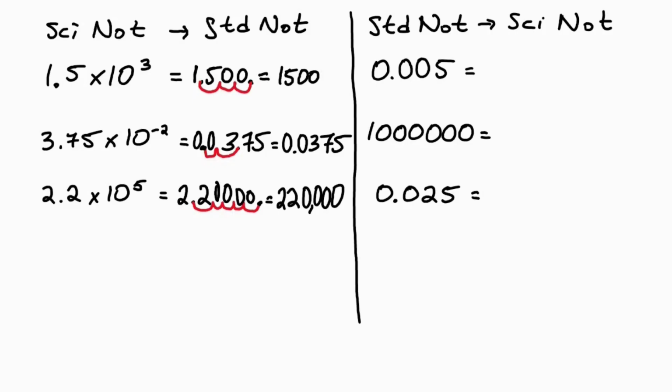All right, and what about standard notation to scientific notation? Once again, what's the goal here? We want to make sure that our numbers are between 1 and 10, right? So where do we want to put our decimal place in order to make this number be between 1 and 10? Between which two digits?